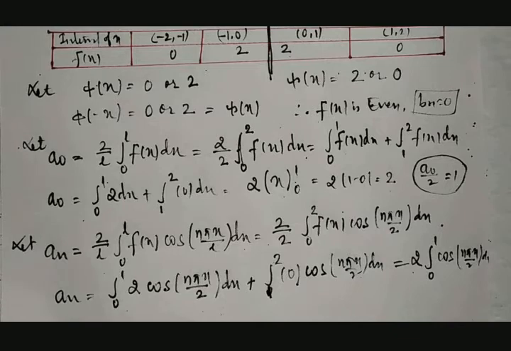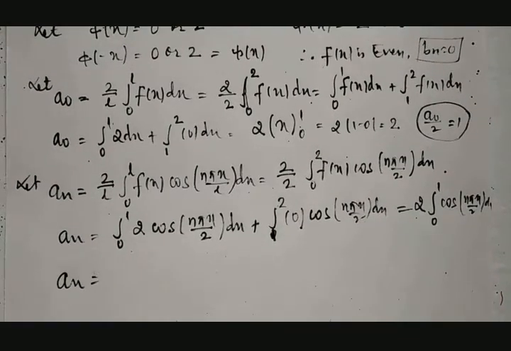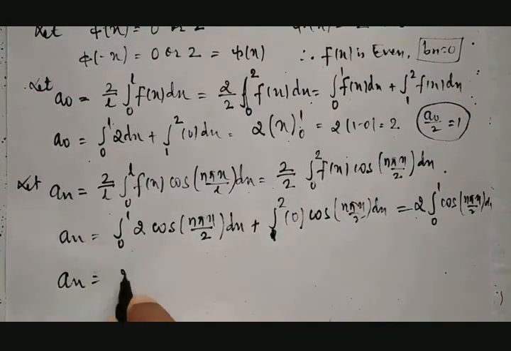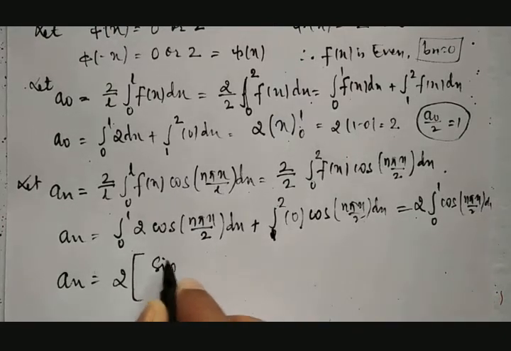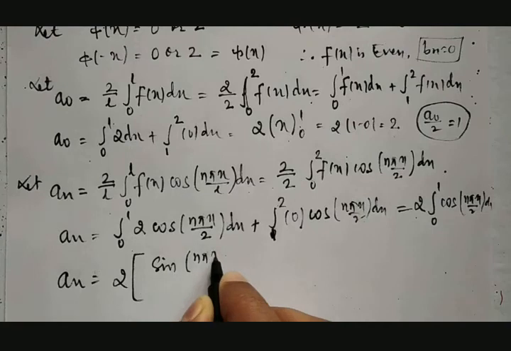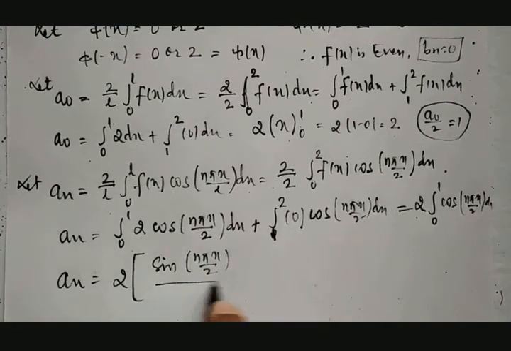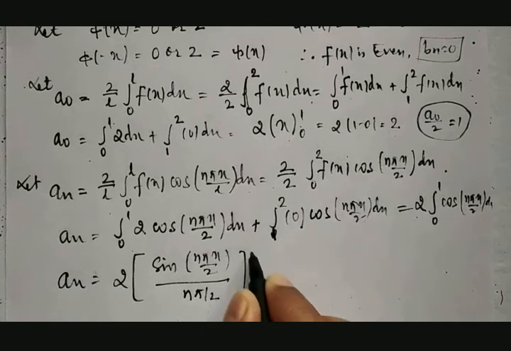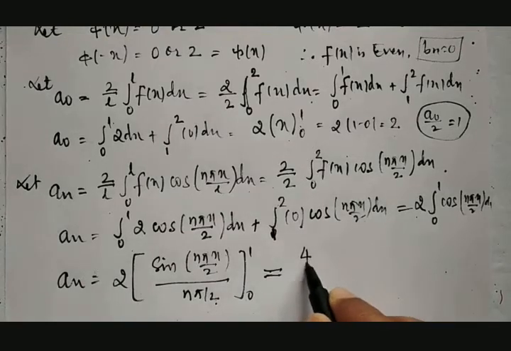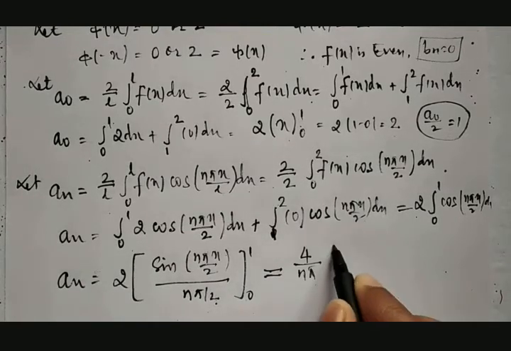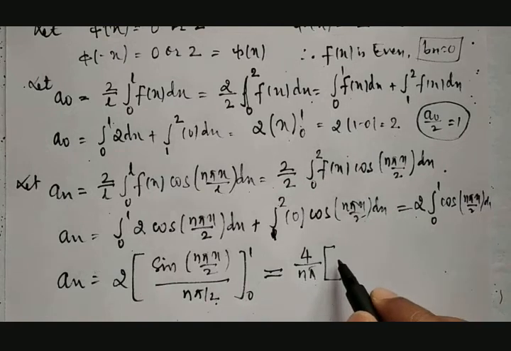Therefore, An is equal to 2 into the integration of cos, which is sin n pi x by 2 divided by n pi by 2, between 0 to 1. Fine. Therefore, this 2 will come to the numerator. It becomes 4 divided by n pi into the upper limit.